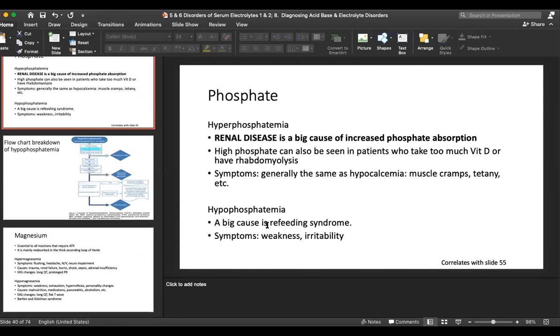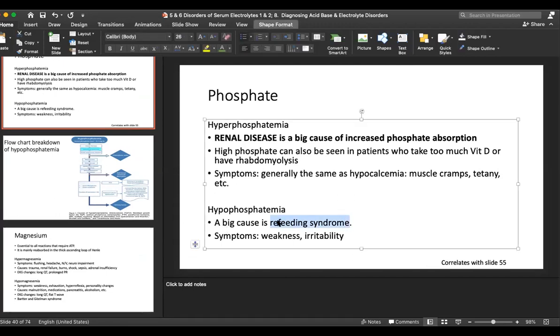Hypophosphatemia, low phosphate, huge cause is refeeding syndrome. A patient who's not been eating, malnourished, and you're giving them TPN, food through an IV or a tube in their stomach, their phosphate is going to be driven down because they've not been eating long enough.